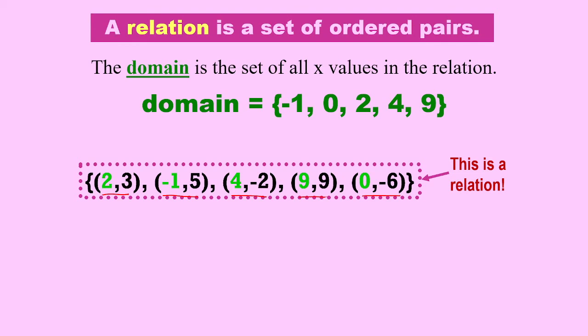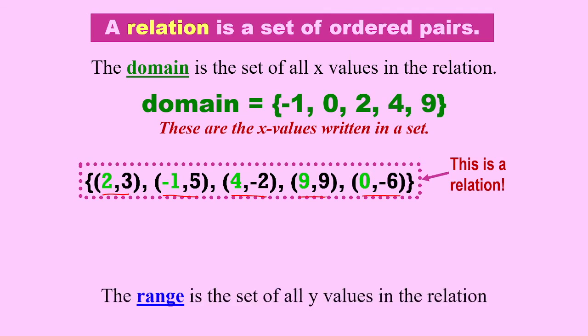In our answer, we arrange them from least to greatest: -1, 0, 2, 4, and 9. These are the x values written in a set. Next, the range. What are the second values there, class? What is the second value here?